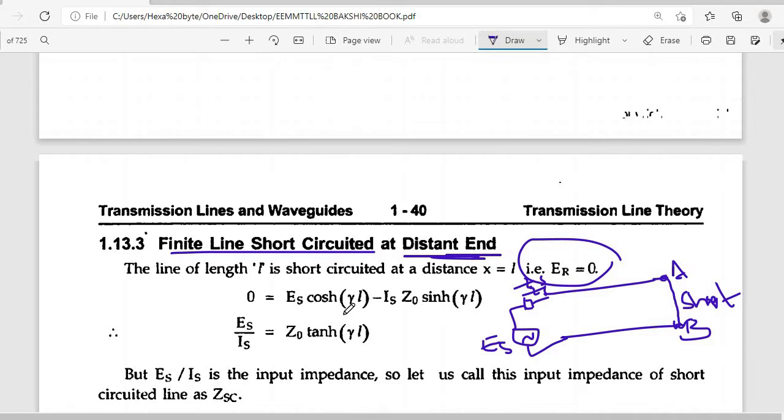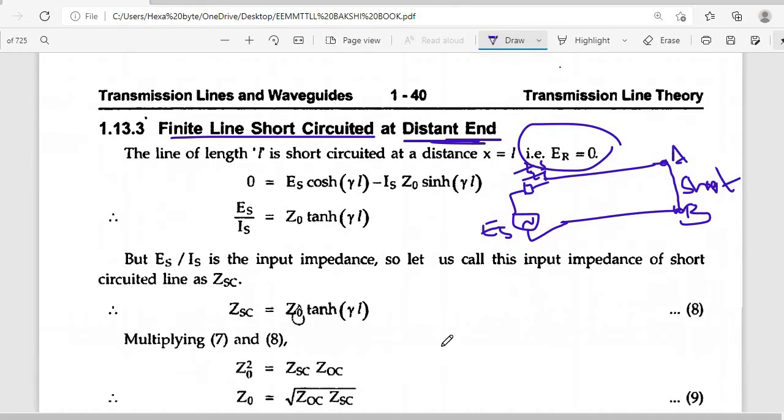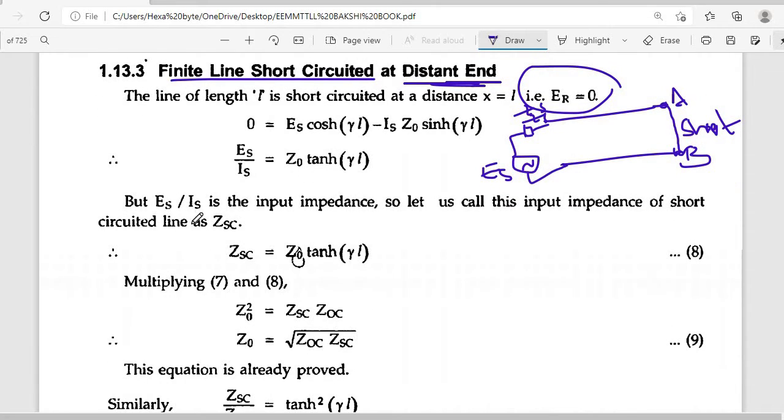So 0 equals ES cosh γL minus IS Z0 sinh γL. Then ES by IS equals Z0 tanh γL. Here ES by IS is the input impedance, so let us call the input impedance of the short circuited line ZSC, which is Z0 tanh γL.